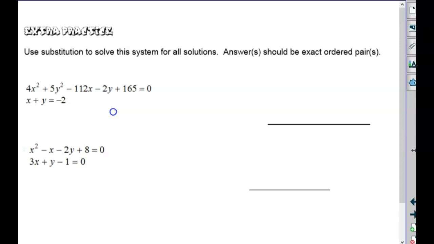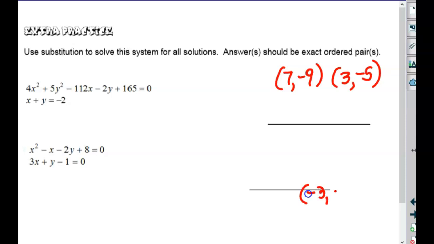Here it is. Okay. The answers to those, this one is (7, -9) and (3, -5). And this one down here is (-3, 10) and (-2, 7). Okay?